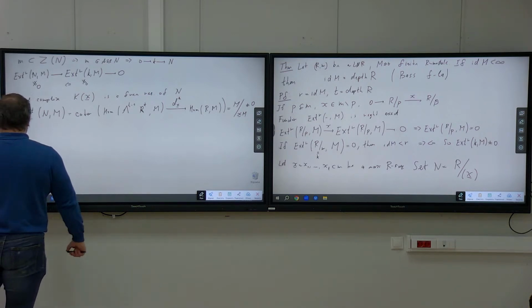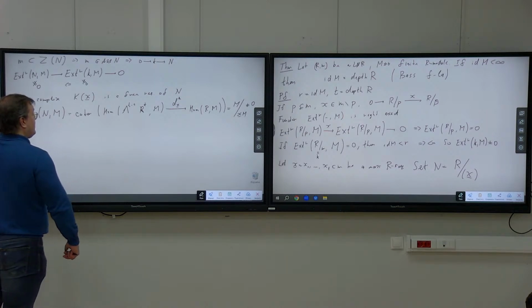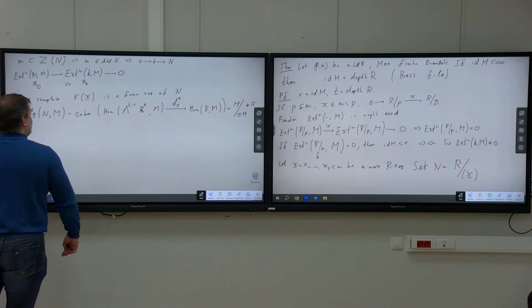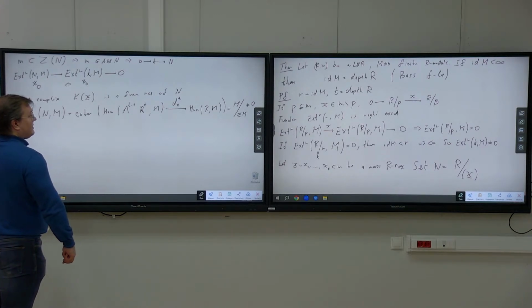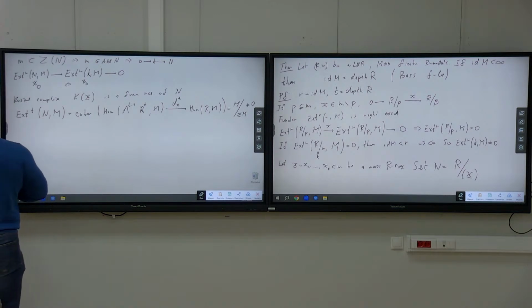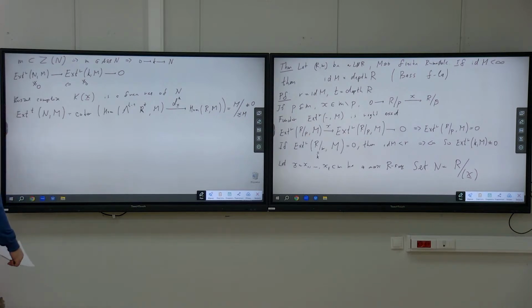Okay, so that's all the computations that we need. Now we just need to carefully analyze what we get and see that the formula is correct. I suppose we also need to say that Ext with index higher than t should be 0, because there are no terms in this complex.